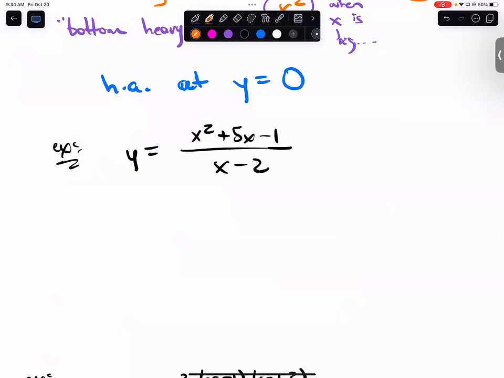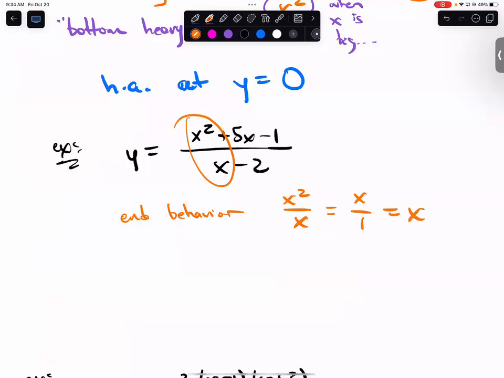If I'm interested in the end behavior, we can find other stuff too, but if I'm interested in the end behavior, I just want to look at the leading terms. So x squared over x, which we can simplify, right? To what? x over 1 or just x, right? What's that going to do if I let x grow without bound?